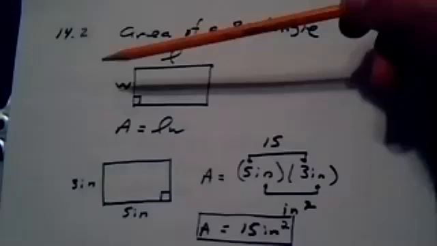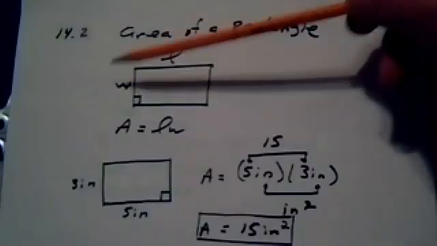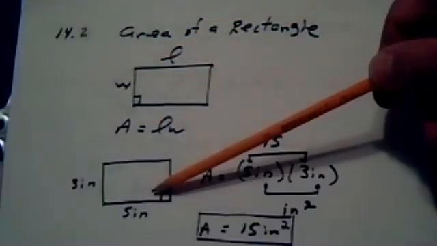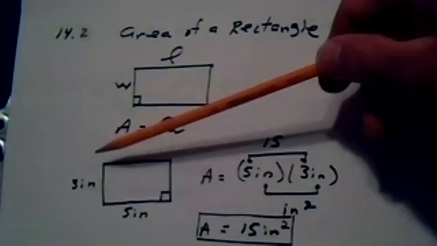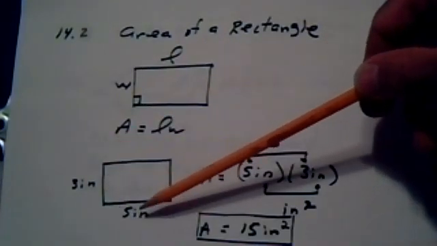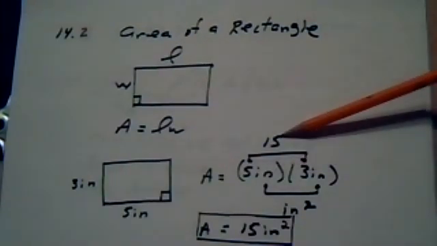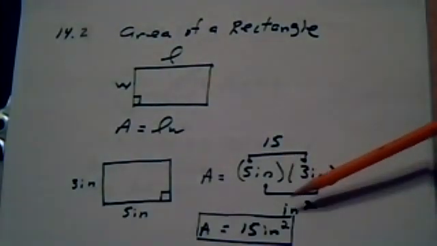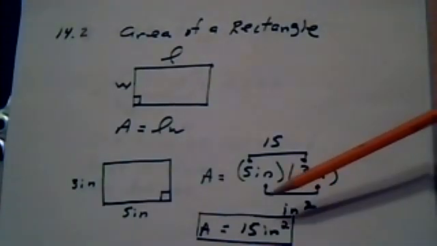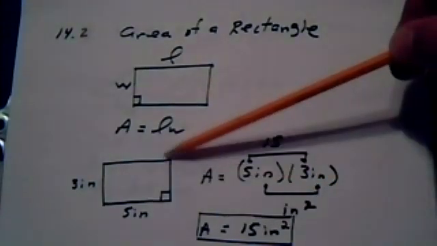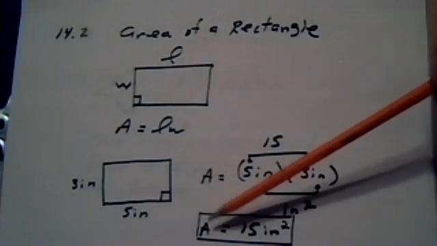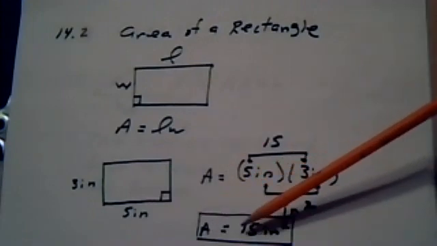It doesn't matter. You're going to multiply them and get the same area. Here's an example. Here's the width, here's the length. Multiply them. So it's 5 times 3 is 15, and inch times inch is inch squared. So the surface of this rectangle, the area, would equal 15 square inches.